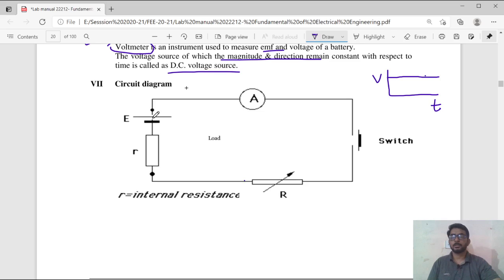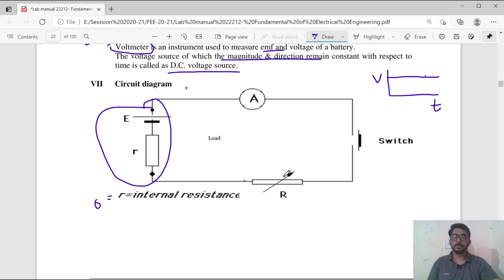So, this is a DC source. Let r, small r, be the internal resistance. For an ideal voltage source, internal resistance is equal to 0 ohm, but for a practical voltage source, it depends on the material of the source.